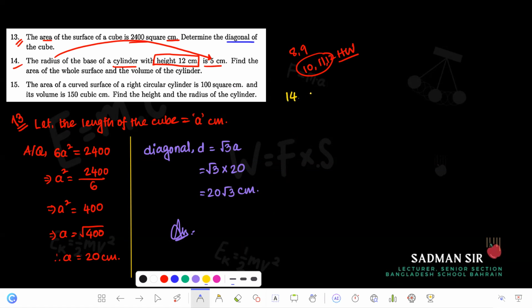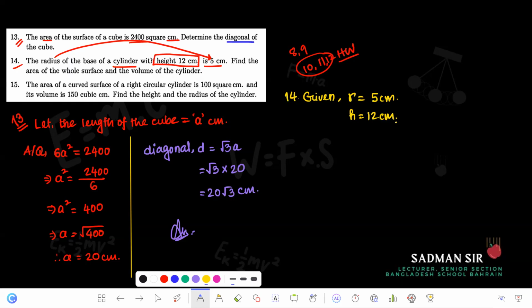Oh, I forgot to tell you, don't forget to draw the diagram, okay? In each case, you should draw. Here you should draw a cylinder, and for the previous problem a cube. Don't forget, okay? Radius r equal to 5 centimeter. The height is 12 centimeters.